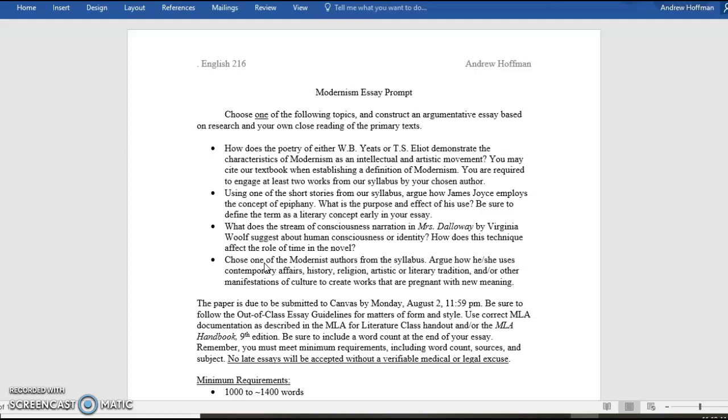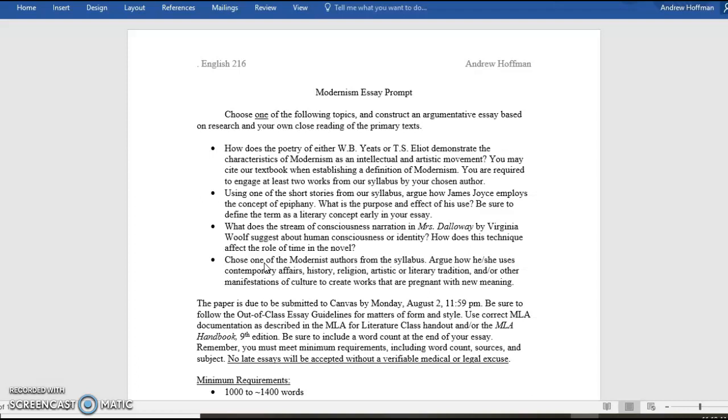A number of you have problems with this for some strange reason. Really want to kind of iron that out. Right? No APA format. No kind of loosey-goosey, make up your own format, right? MLA documentation. Be sure to include a word count at the end of your essay.